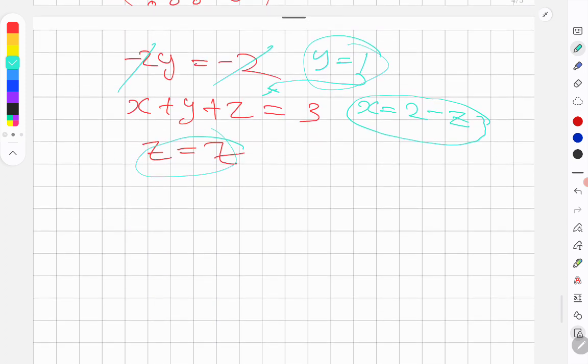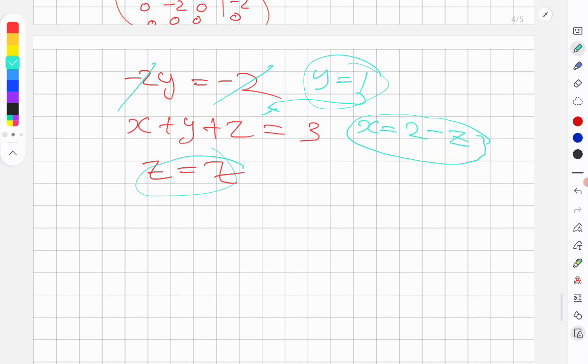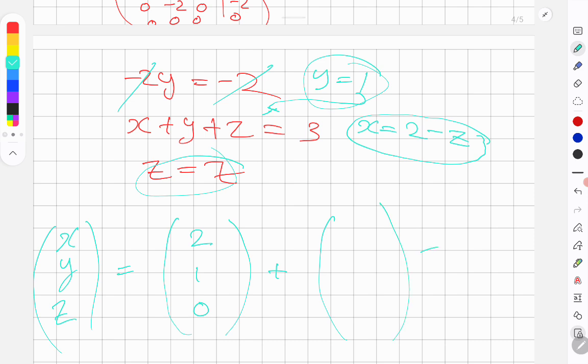Okay. So now we got these 3 cases. If I write the solution as x, y and z, there is a particular solution. So the particular solution is 2 1 0 plus z, a free variable, times -1 0 1.